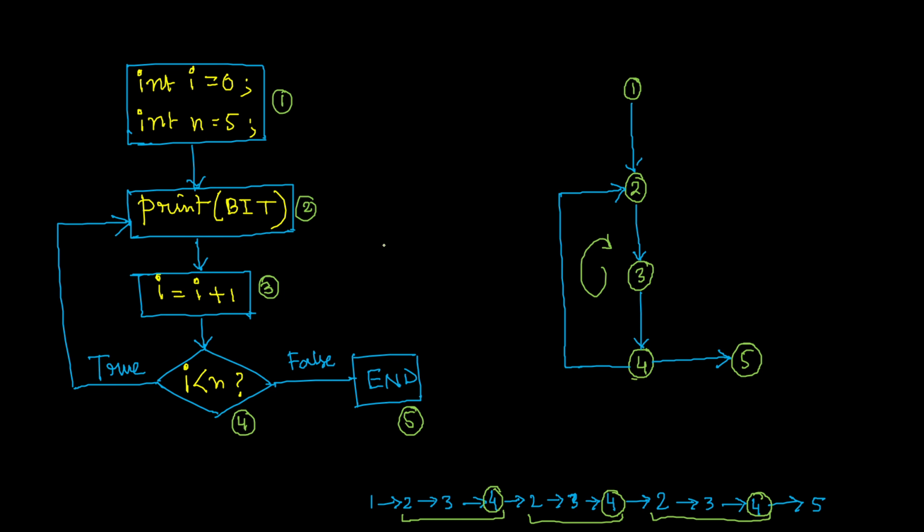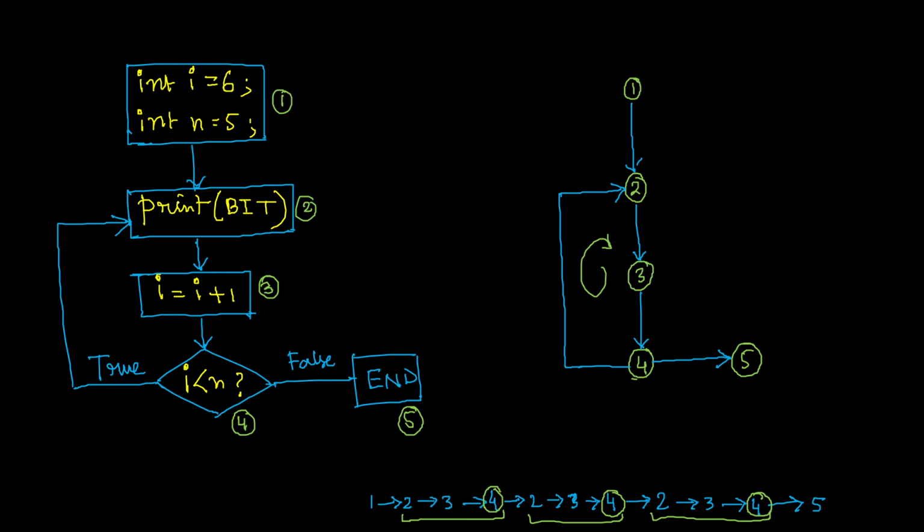But you see over here, if I consider that i is 6 instead of 0, if I say that i is equal to 6, and I ask you how many times this particular print statement will get executed, you should say that it will execute once.